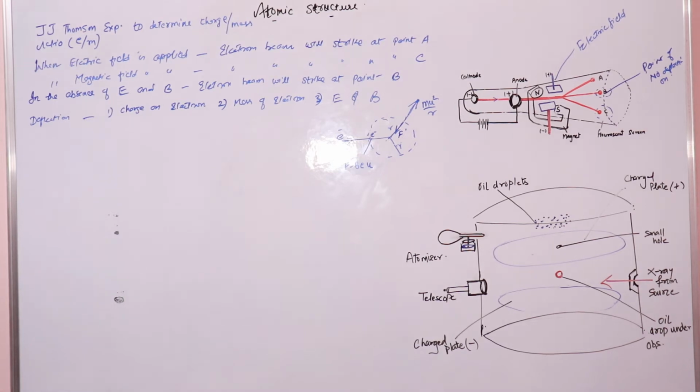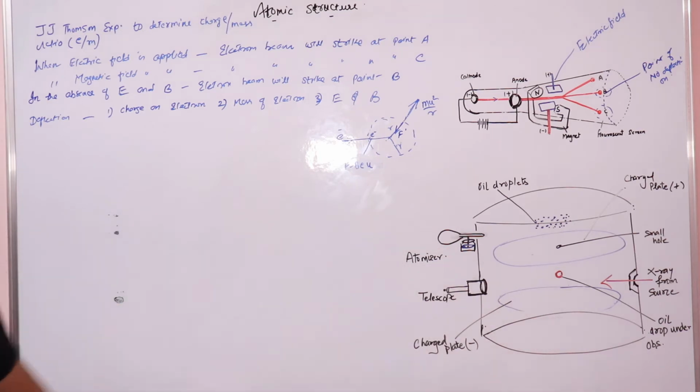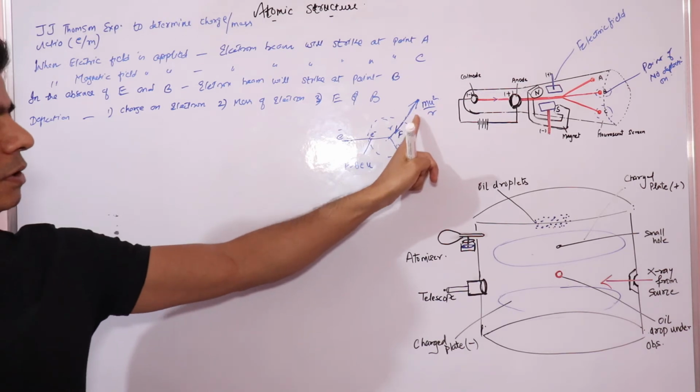So now we will consider the case where the electron enters magnetic field B, and it acquires a circular path of radius r, like the diagram I have drawn, due to magnetic field B. So the force which is exerted by the magnetic field is equal and opposite to the centrifugal force.